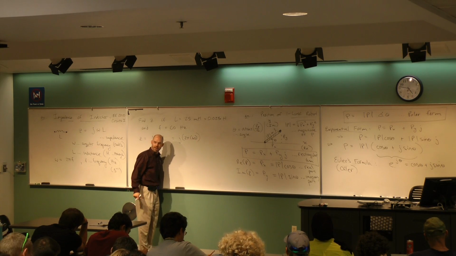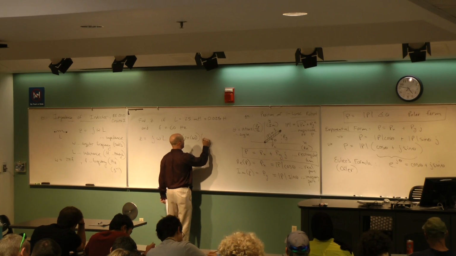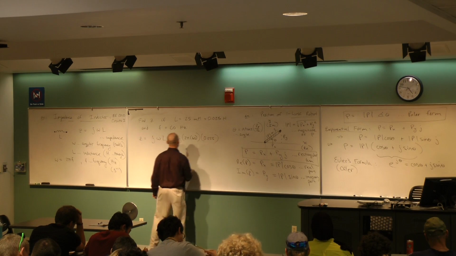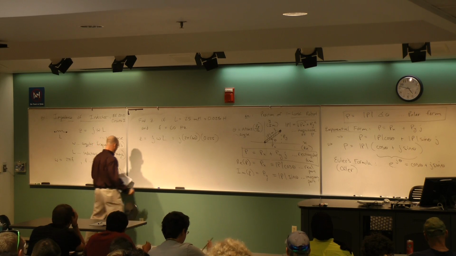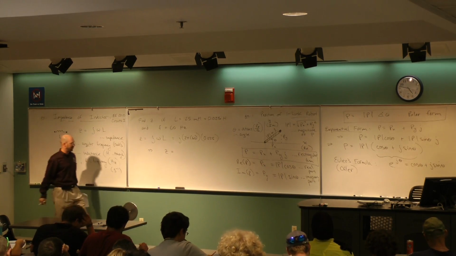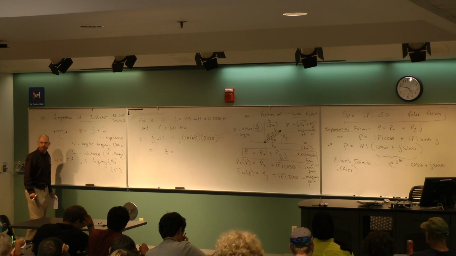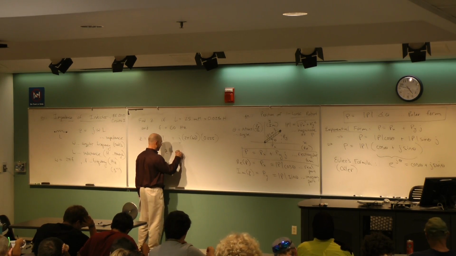So 120 pi. That's the omega, and then I put the number for the L, which is 0.025. You could write this in terms of pi if you want, but somebody give me a decimal number here. 4 significant digits, what's Z? Still got the J in front, right?